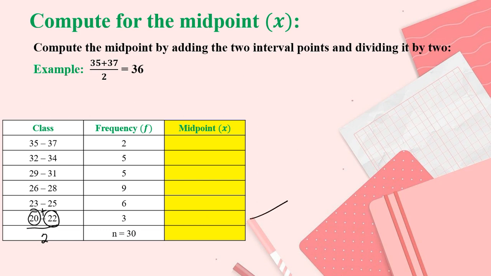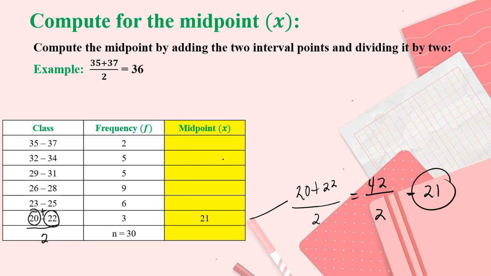So let's say for example, yung 6th class po natin, that is 20 plus 22 divided by 2. So 20 plus 22, we have 42, divided by 2. 42 divided by 2, we got 21. And that will be your midpoint in 6th class.